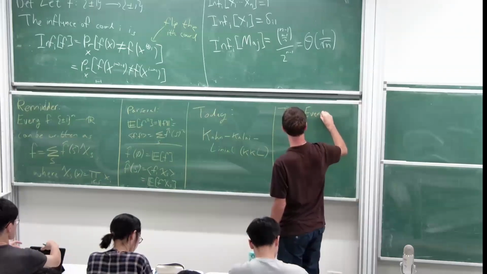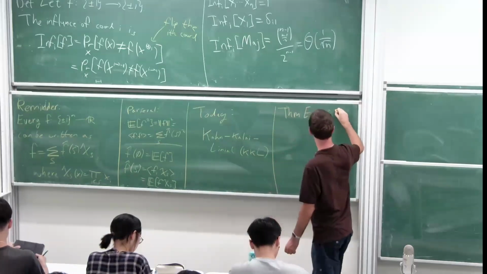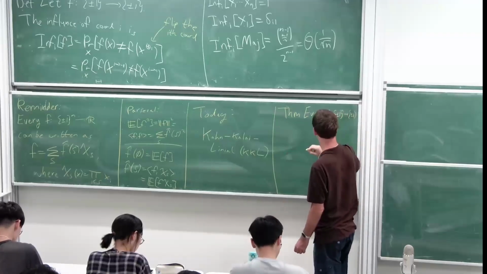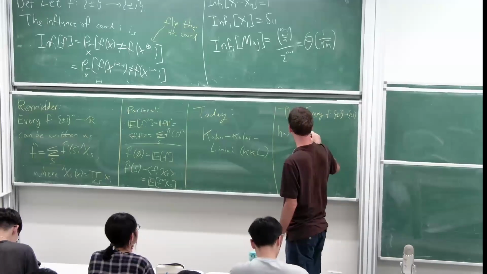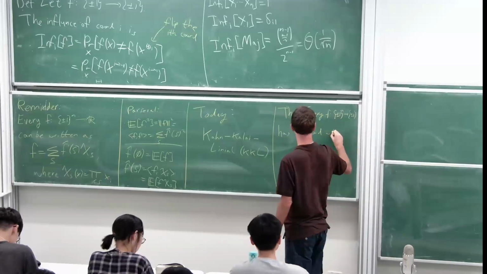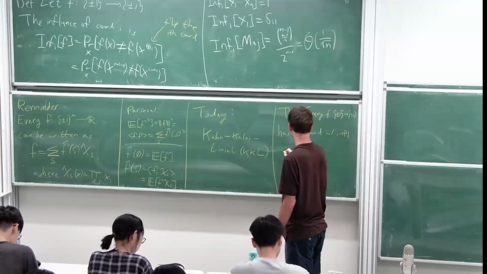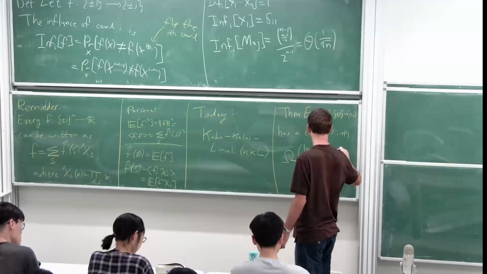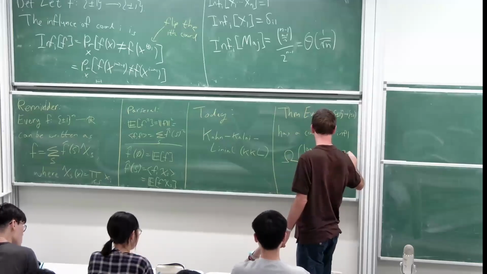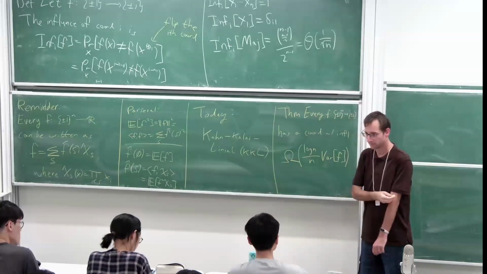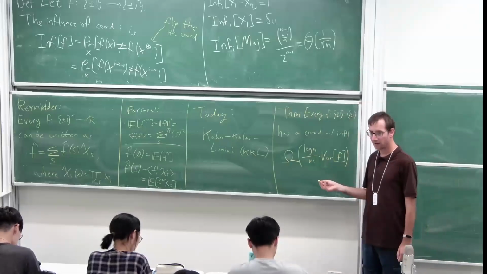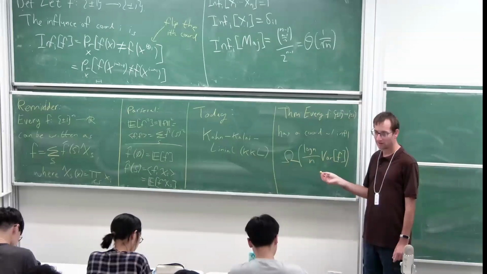Every f from plus minus 1 to the n to plus minus 1 has a coordinate with influence omega of log n over n times the variance of f. So for example, if f is balanced and the variance of f is 1, then it's just log n over n.